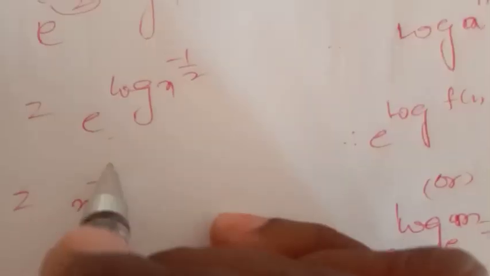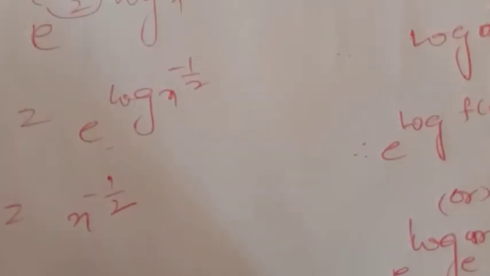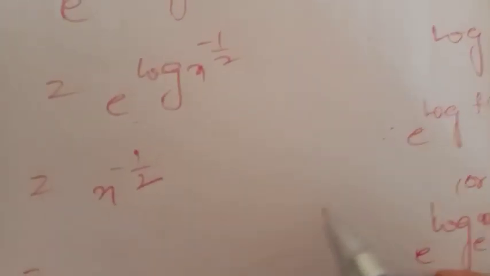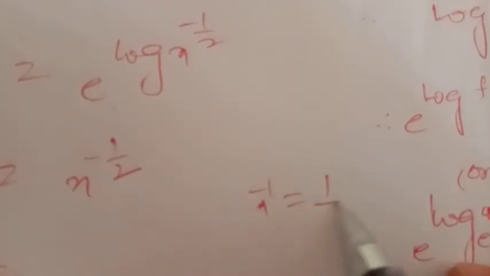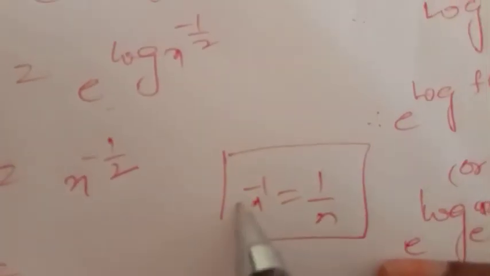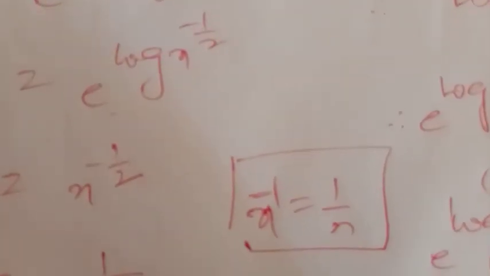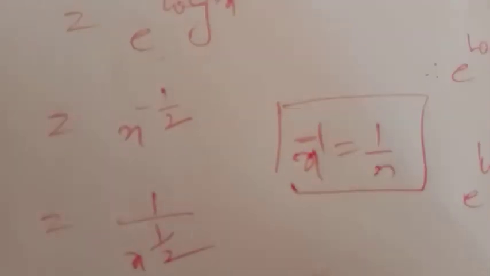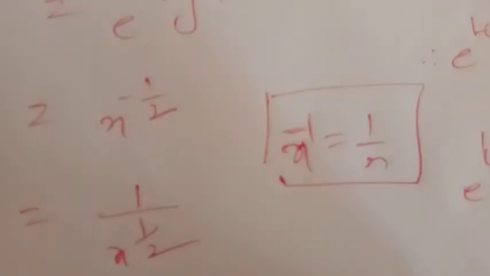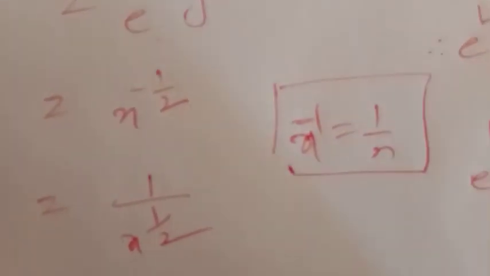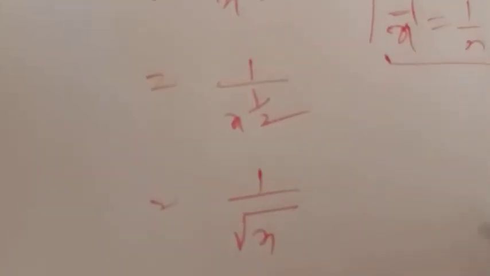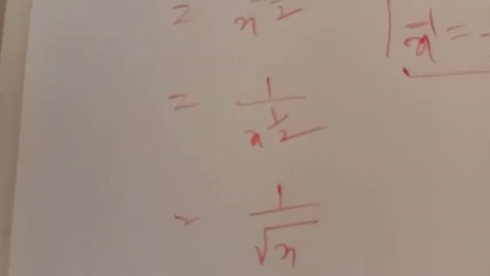We have x to the power of minus 1 by 2, that equals 1 by x power 1 by 2. Here x to the power of 1 by 2 can be written as root x. Root x is the answer of this problem.